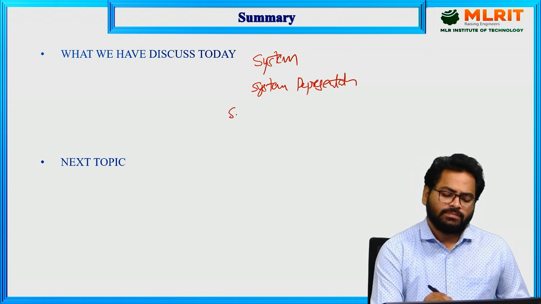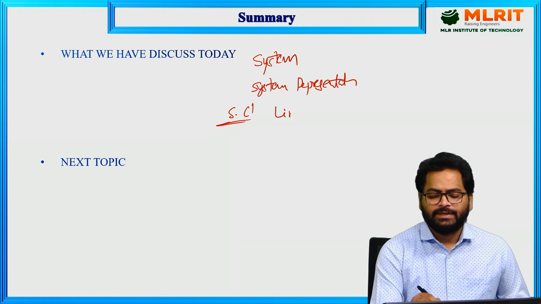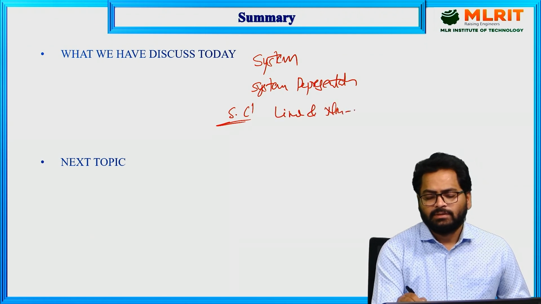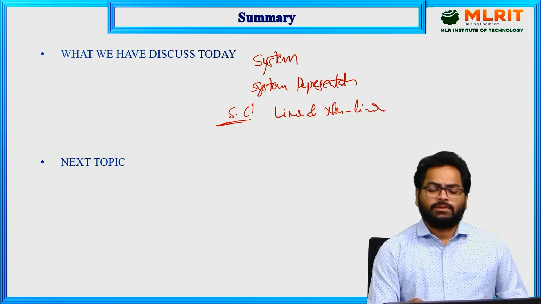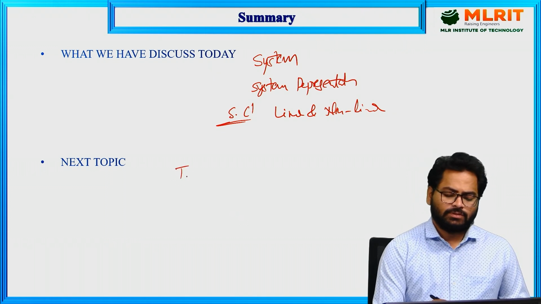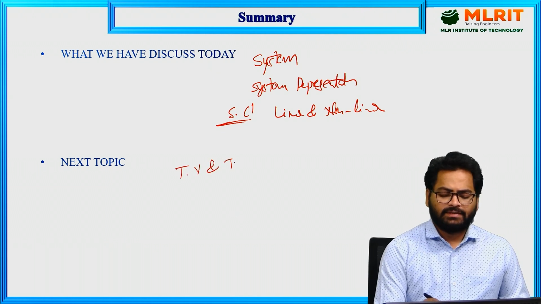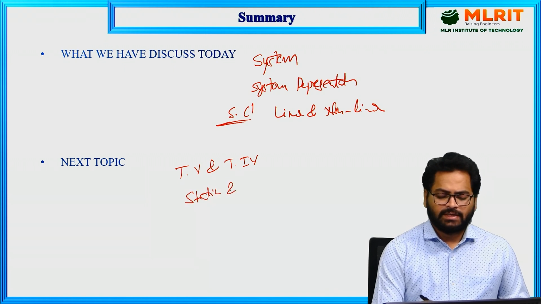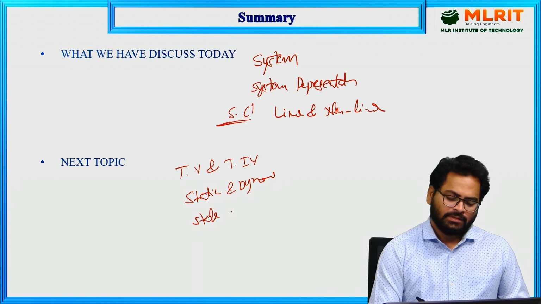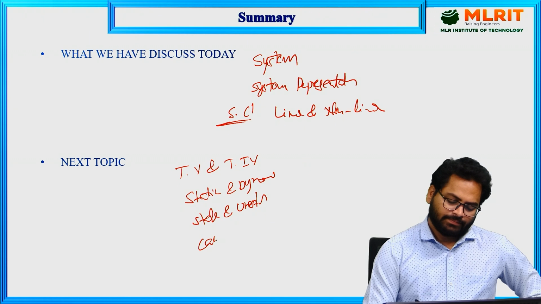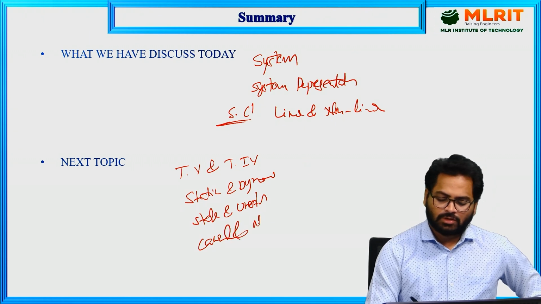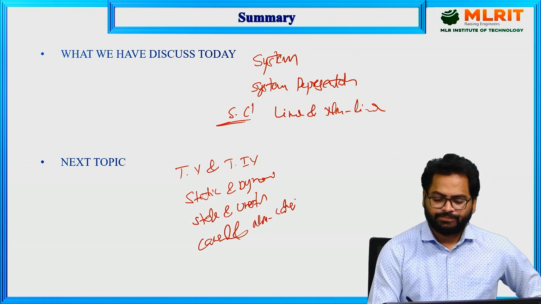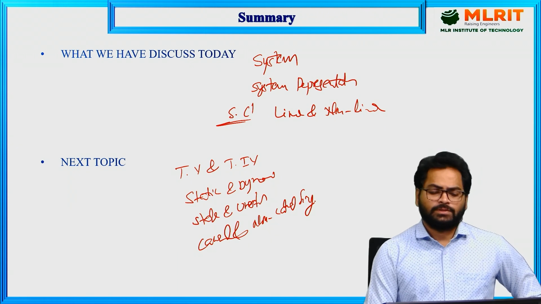In system classification, we studied linear and non-linear systems. In the next one, we will study time variant and time invariant systems, static and dynamic, stable and unstable systems, causal and non-causal systems. Thank you.